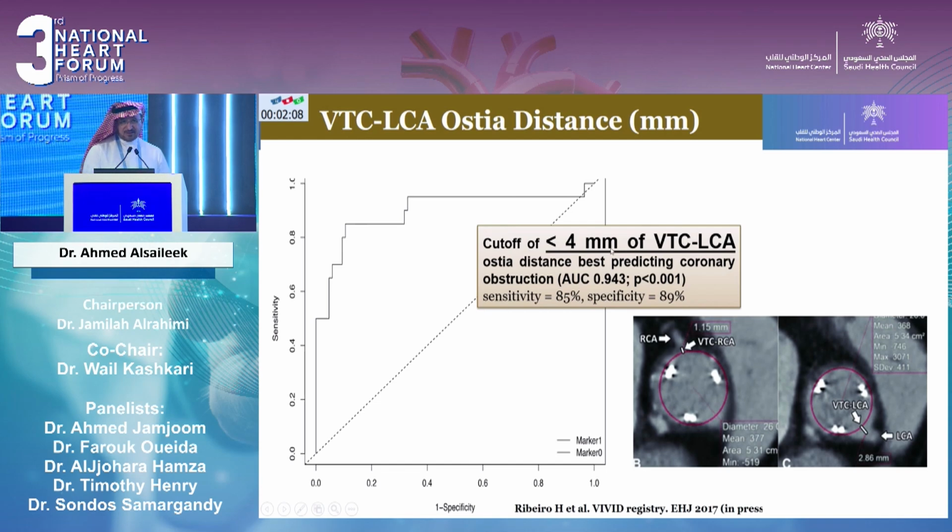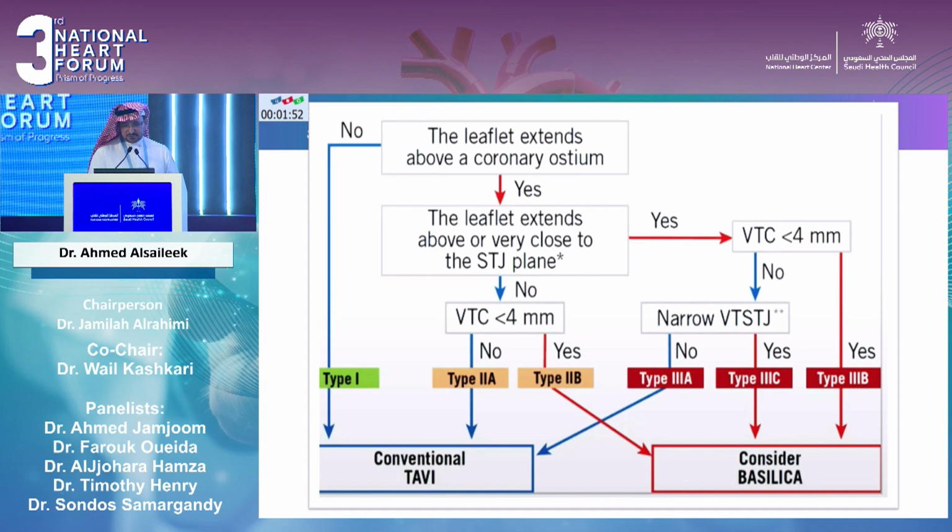This is from the same study that I mentioned, the Valve-in-Valve International Data, and the best predictor for coronary occlusion is the valve to left main coronary artery distance, for example, less than 4 millimeters. But there is evidence that other measurements are also important. And this is the schematic of how to assess it. What is the distance? If the distance is small, then you assess the size of the sinus.